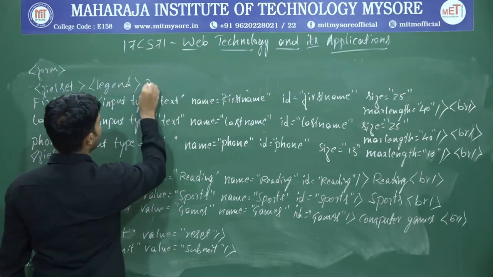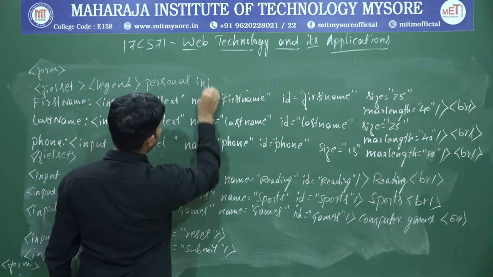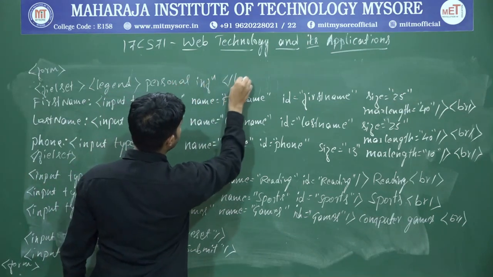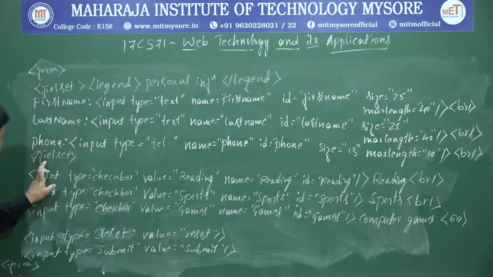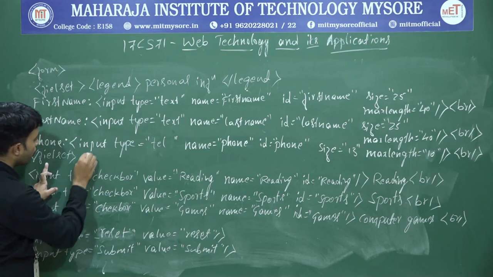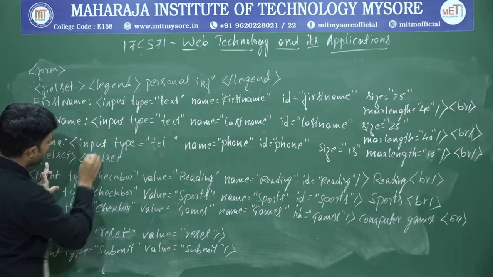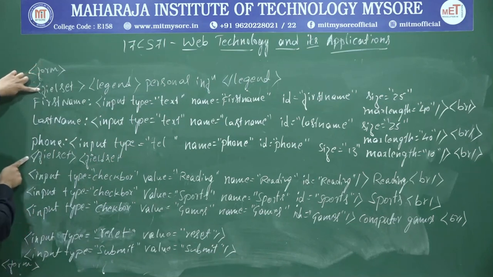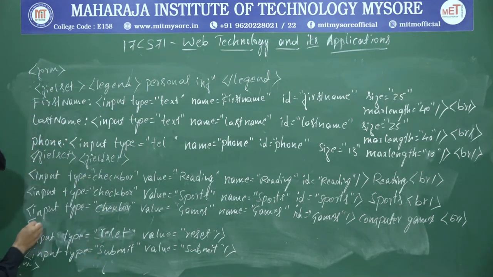So now I am going to write personal information. Now close the legend. After this, again I am going to open a field set. I have closed this first field set here. Again I am going to write one more field set, and I am going to close this field set here.